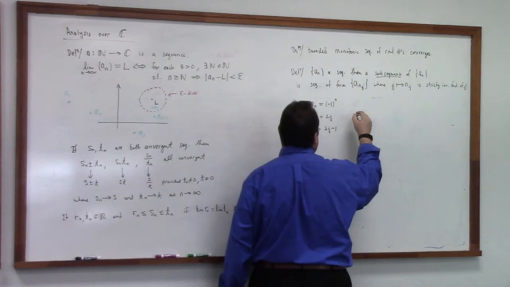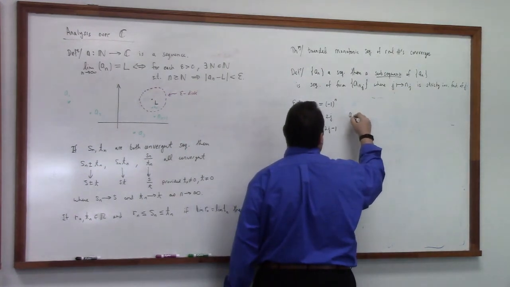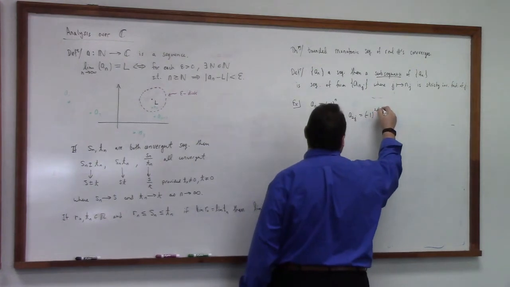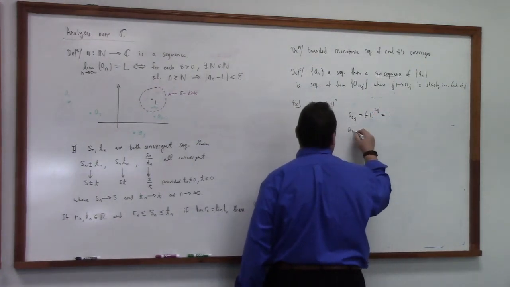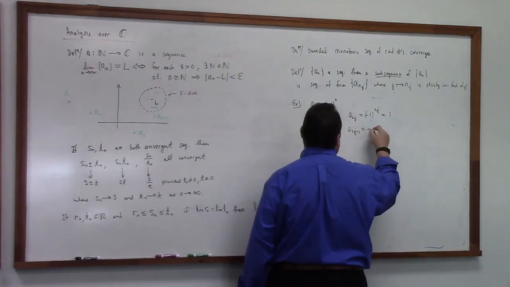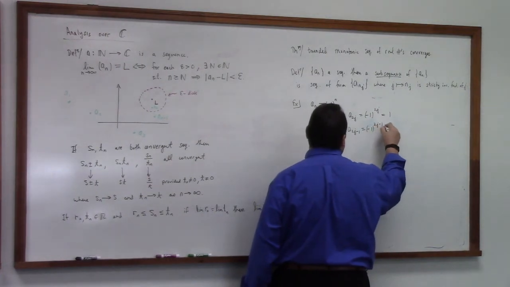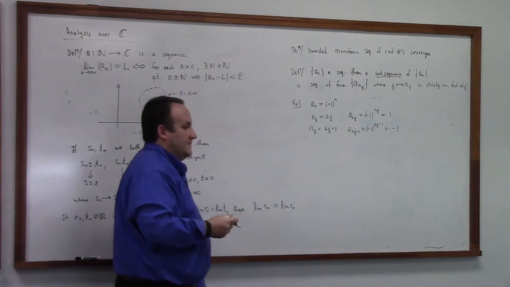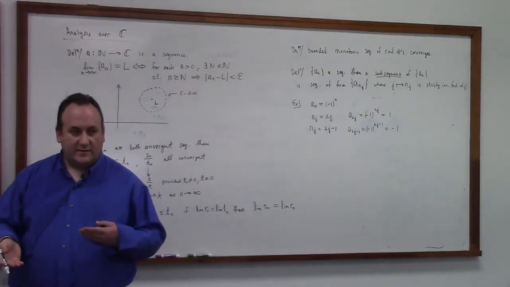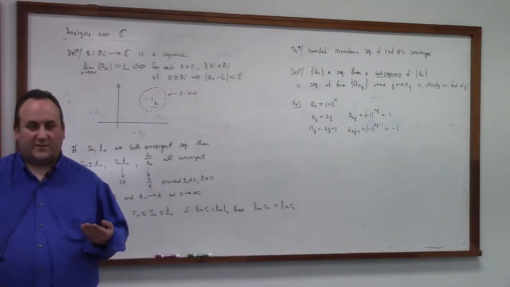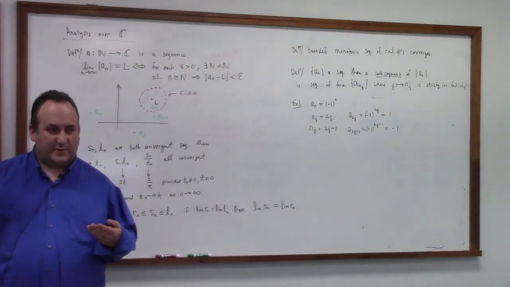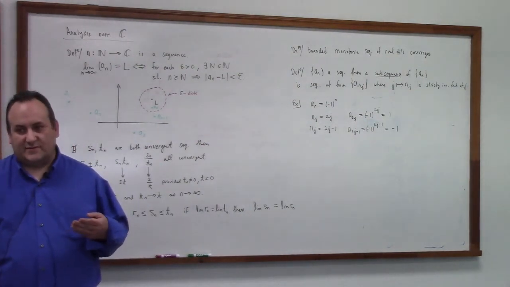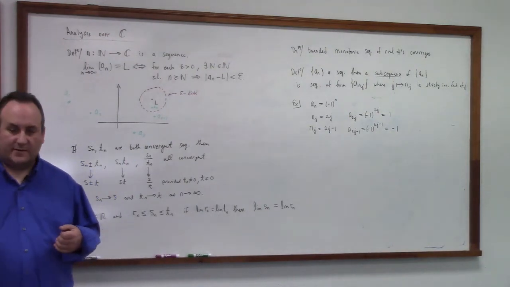So you're looking at a_{2j}, which is (-1)^{2j}, also known as 1, or a_{2j-1}, which is (-1)^{2j-1}, which of course is minus 1. So this sequence oscillates between plus and minus 1. We can look at the subsequence of all even terms and we just get the constant sequence 1, 1, 1, 1, 1. Or we can look at the subsequence of odd terms, and we get the constant sequence minus 1, minus 1, minus 1, minus 1.